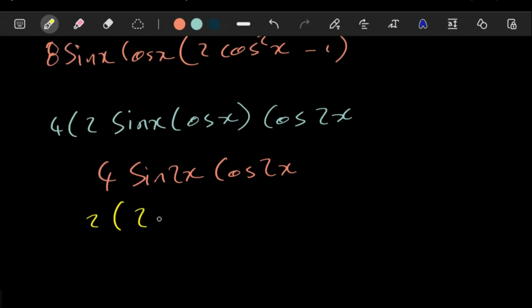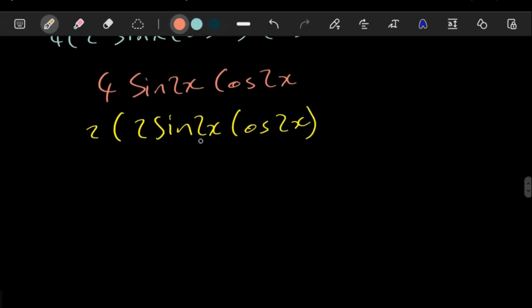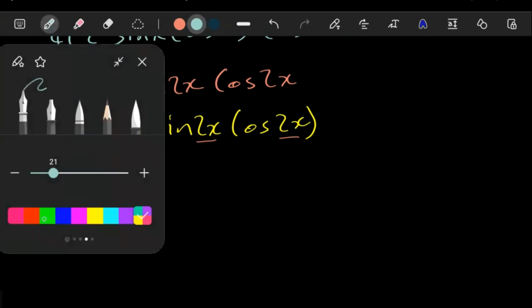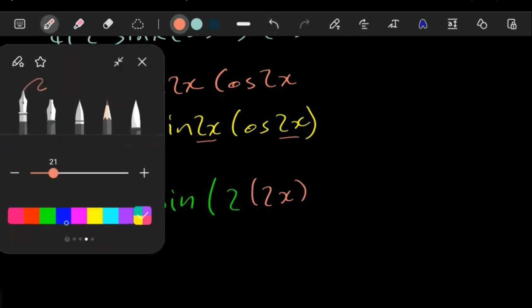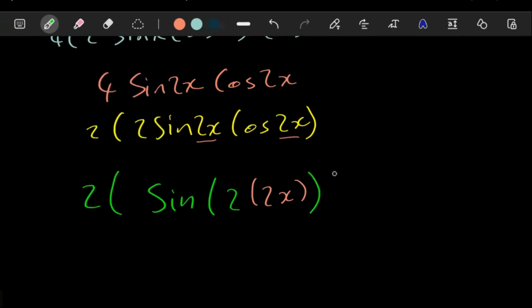So you're going to have here 2 sine 2x cos 2x. Now what you're trying to keep in mind is that this and this here is what is going to be at your angle, because remember, you have a 2 out here. This is going to be equal to sine with the 2 here, and then obviously we have the 2x over here, and then your close bracket over there.